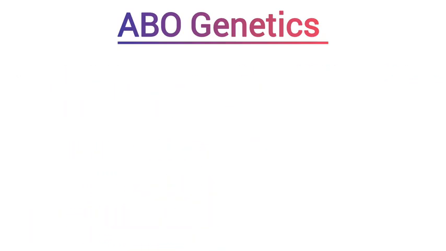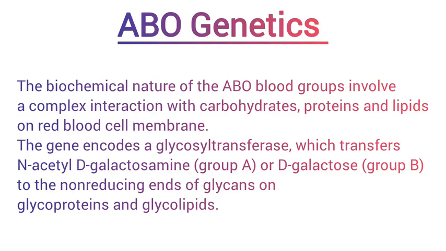Now, talking about the biochemical nature of ABO blood group, it involves a complex interaction with carbohydrates, proteins, and lipids. The gene encodes a glycosyl transferase, which is an enzyme that transfers N-acetyl D-galactosamine for antigen A and D-galactose for antigen B to the non-reducing end of glycans on glycoproteins and glycolipids.